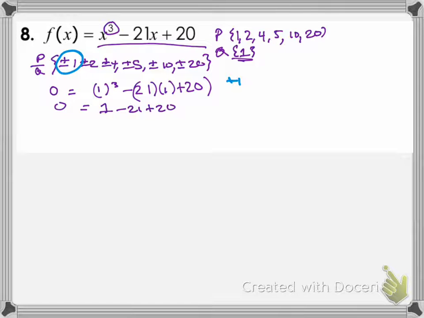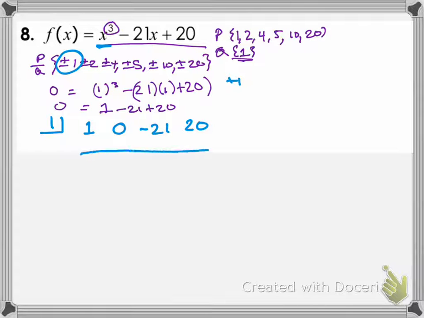So if I'm factoring, let me get what the depressed polynomial was because I need it. Up here, 1, and then a 0 for my square term, negative 21 and 20.